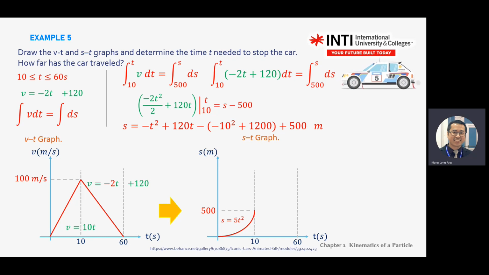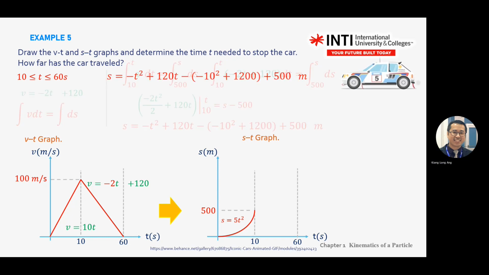You substitute a times 2 squared over 2 plus b times 2, minus a times 1 squared over 2 plus b times 1. This is the integration homework. You do the same. You'll get this form. Okay.